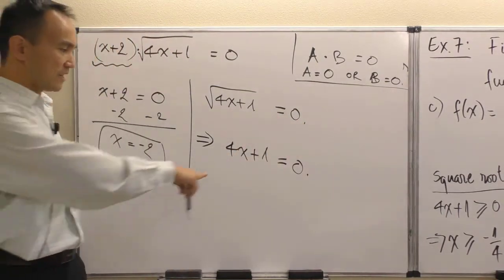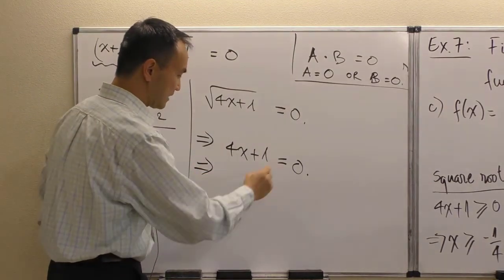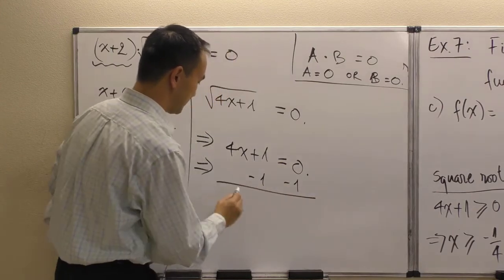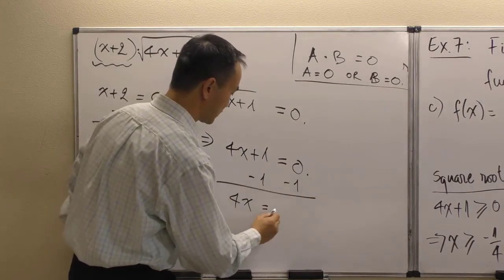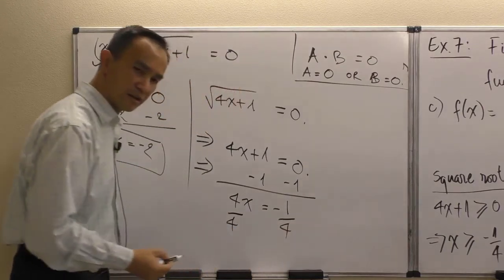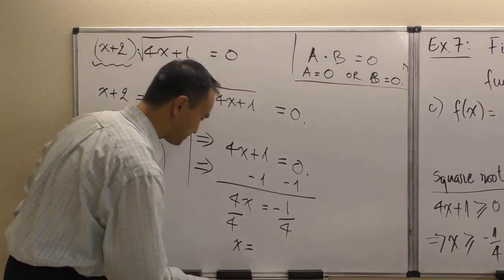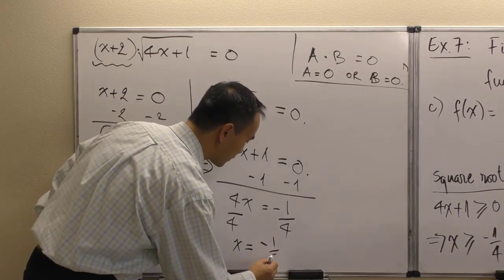Then it takes us back to a simpler equation: subtracting 1 from both sides, we have 4x equals -1, and dividing both sides by 4, x equals -1/4. So here we have found another bad guy.